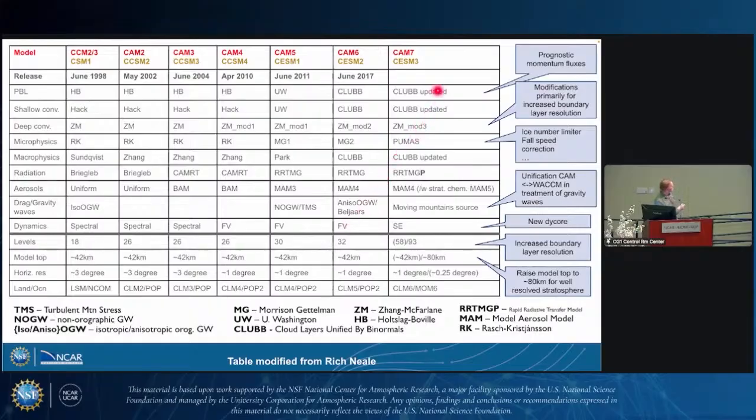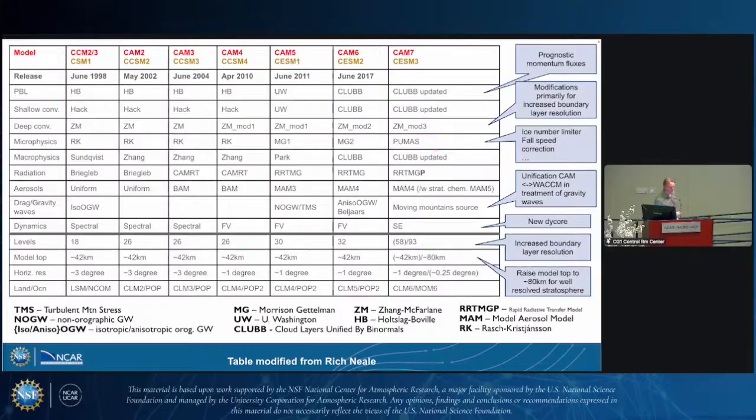In terms of our shallow convection scheme, we're still using CLUBB, but we now have prognostic momentum fluxes in there. We're still using the ZM deep convection scheme. There are some changes necessary to deal with high boundary layer resolution. PUMAS, I could also call it MG3, has some updates to how some processes are handled.